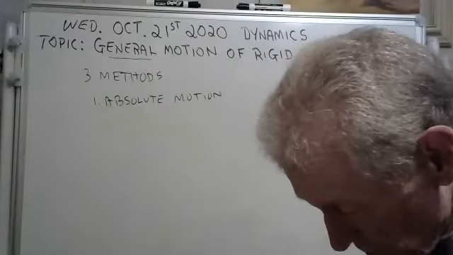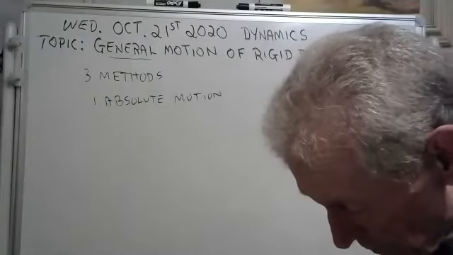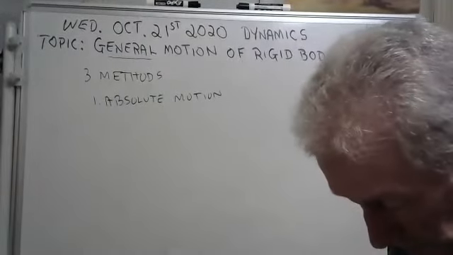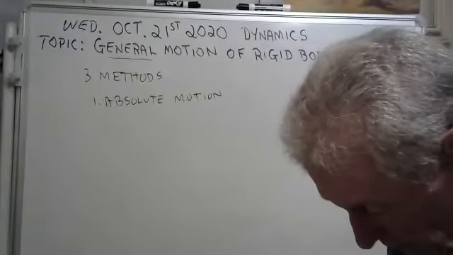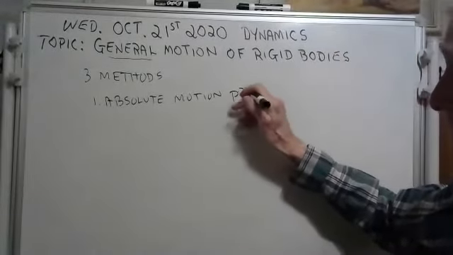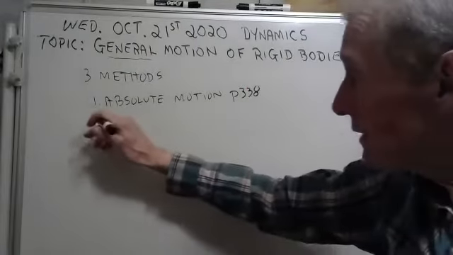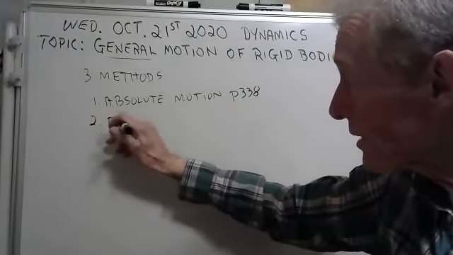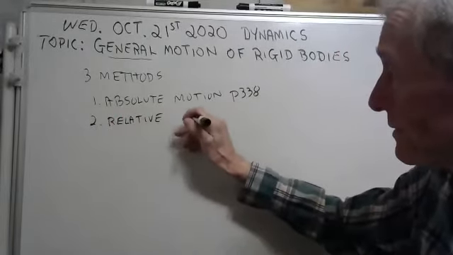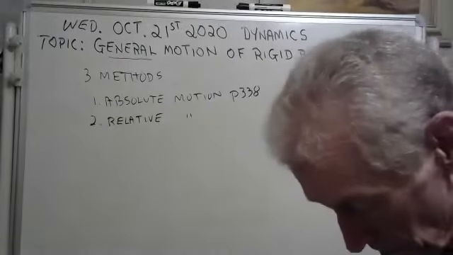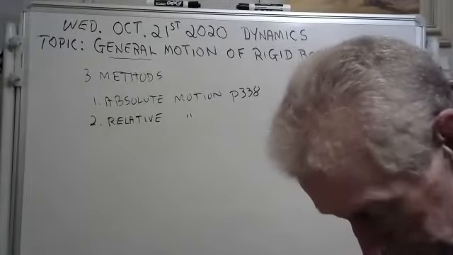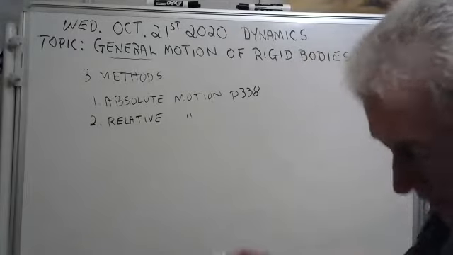It's in your book on page 338. And then there's the relative motion method, and it is on page 346.